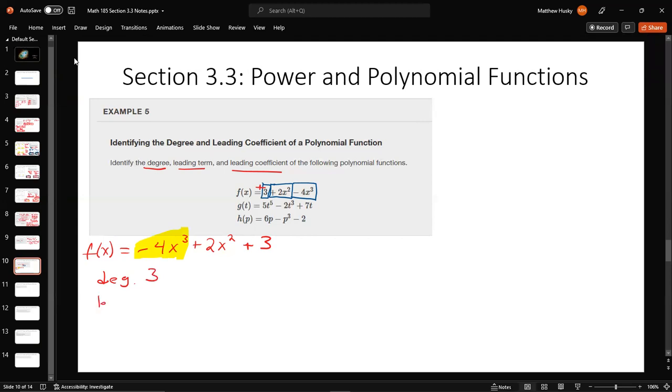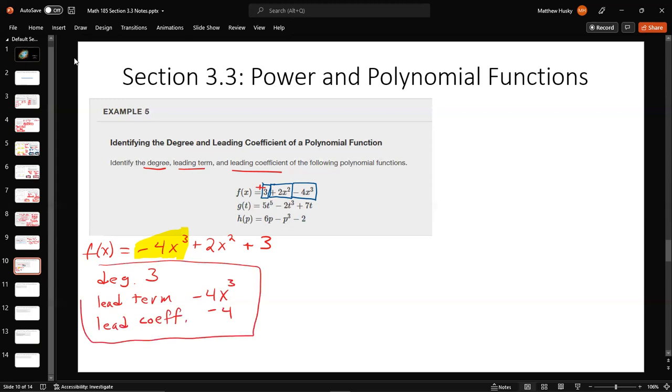The lead term is the whole thing I've highlighted, negative 4x to the third. And then the lead coefficient, that's just the negative 4 that's parked in the very front. So that would be the degree, leading term, and leading coefficient of that polynomial.